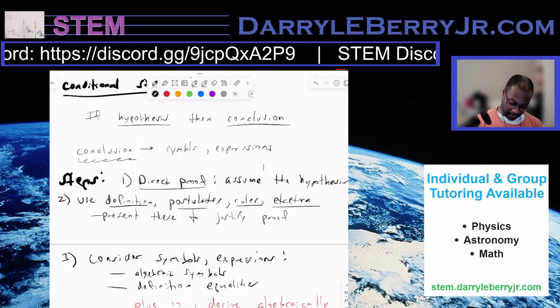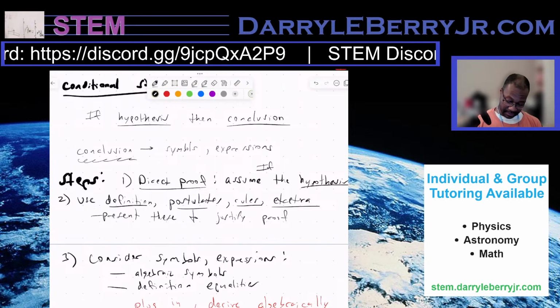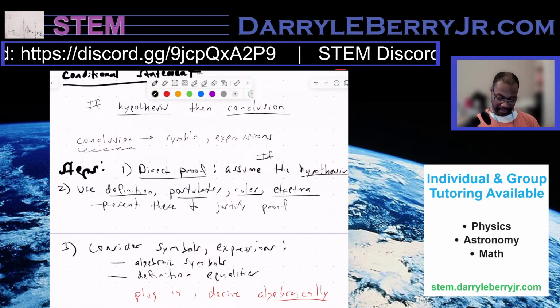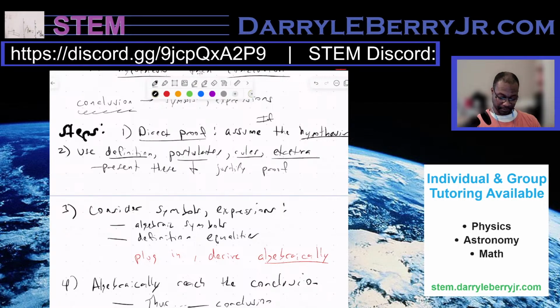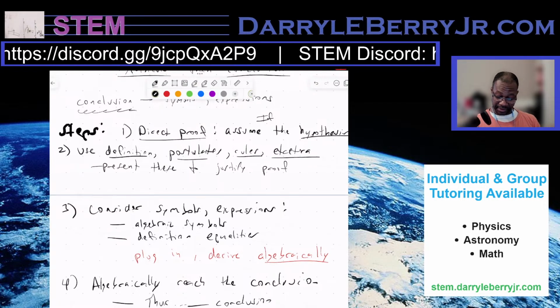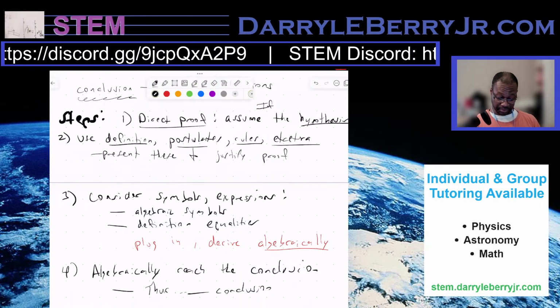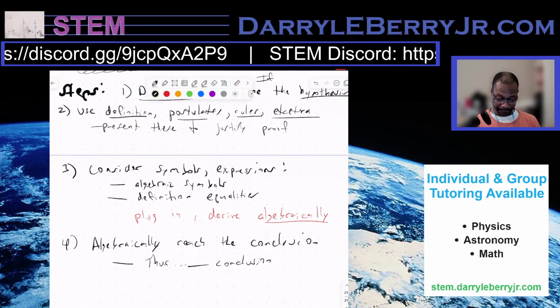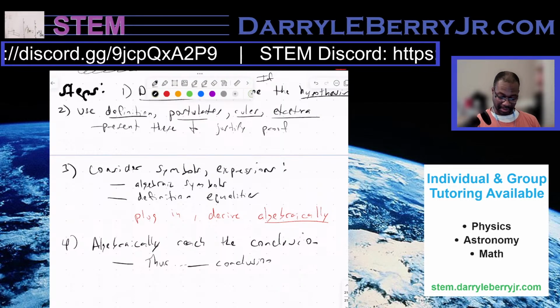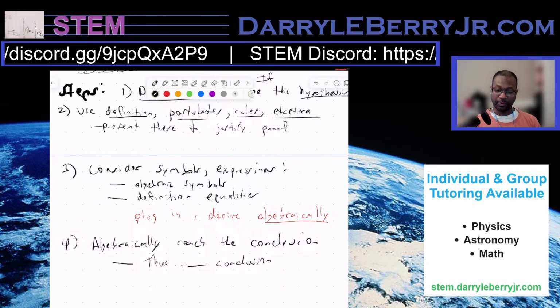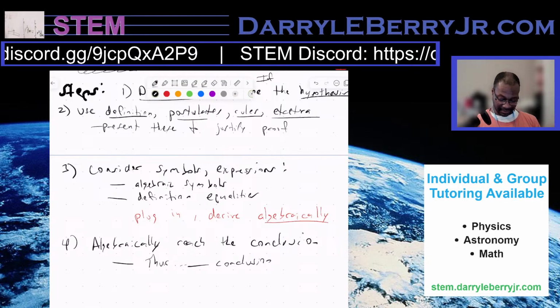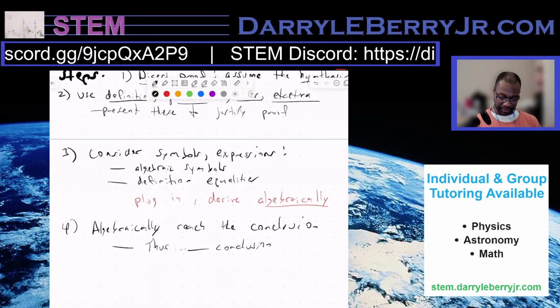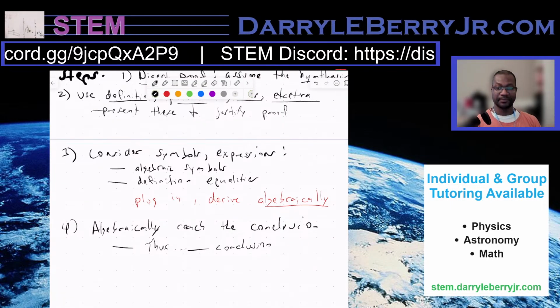This will be our if hypothesis. Right? So we direct proof, assume the hypothesis is true. Use definitions, postulates, rules, etc. Present these to move us in the direction of the conclusion. Algebraically manipulate the symbols, and so forth in the process. Then when we algebraically reach the conclusion, then we state thus.